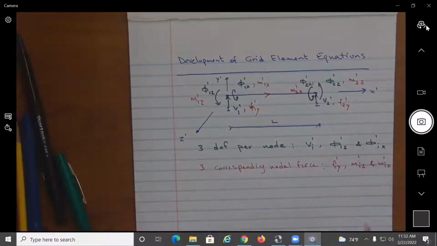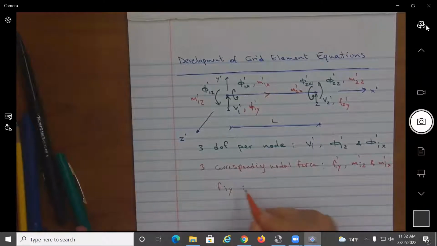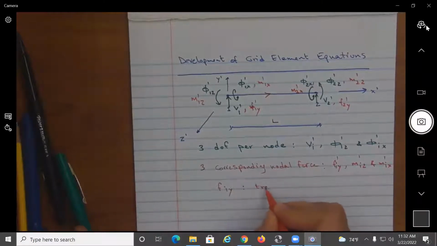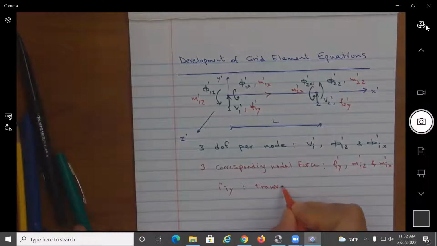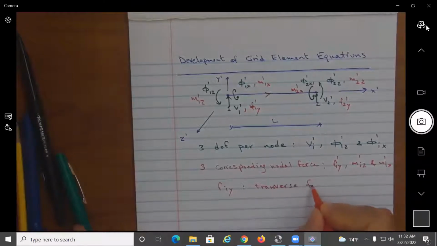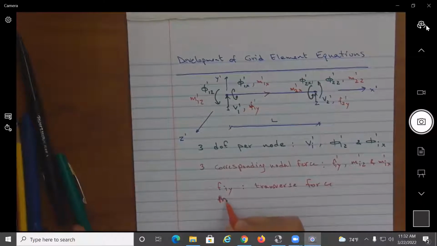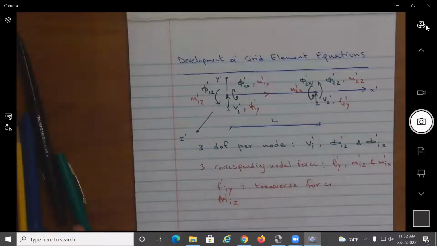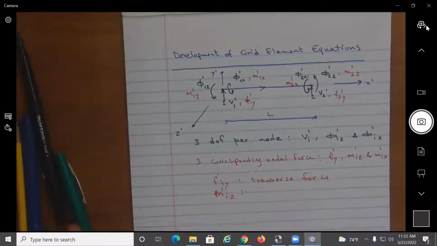Okay, so let's write down: F1Y is a transverse force, and M1Z, and let's keep the primes because these are with respect to the local axis.